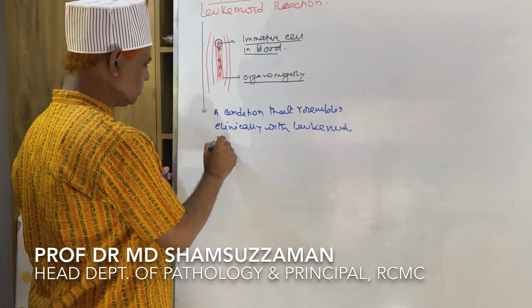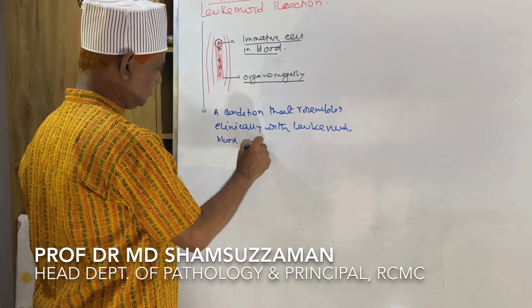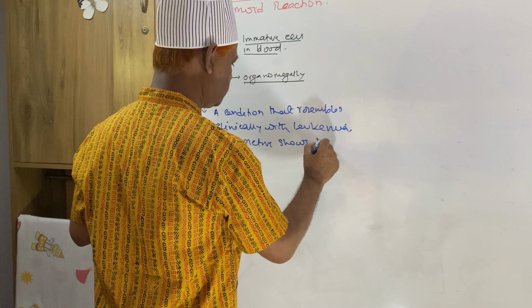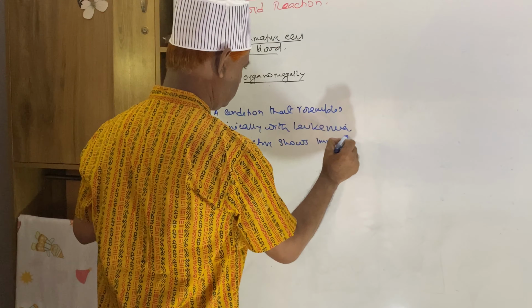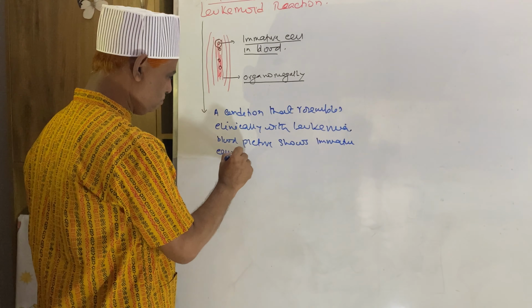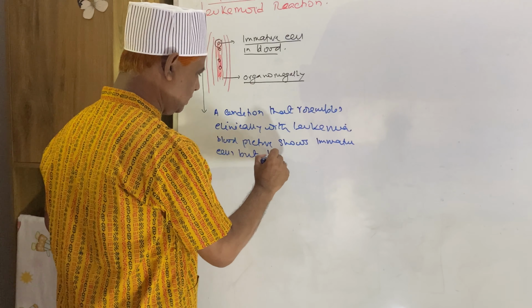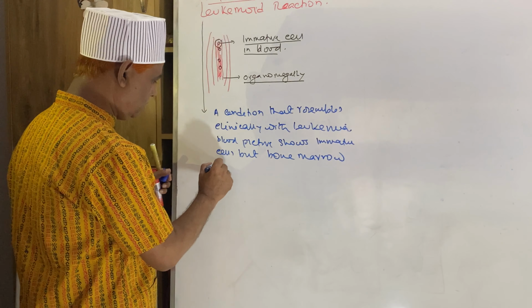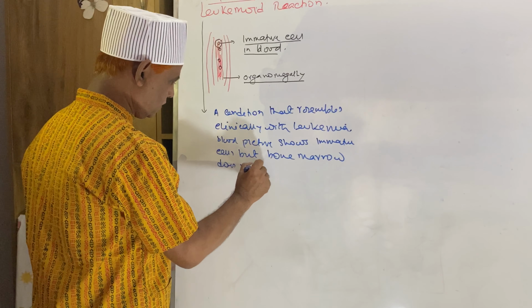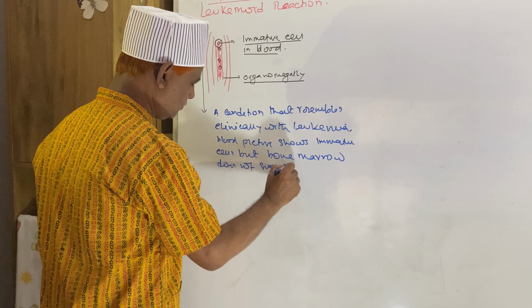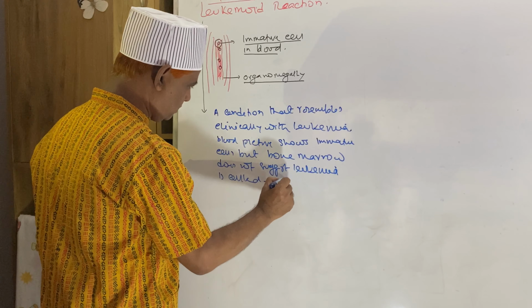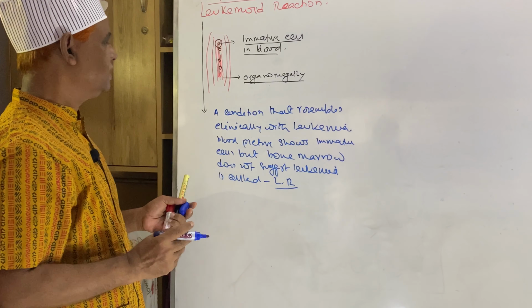Blood picture shows immature cells, but bone marrow does not suggest leukemia. This is called Leukemoid reaction. So, it is a clinical condition.